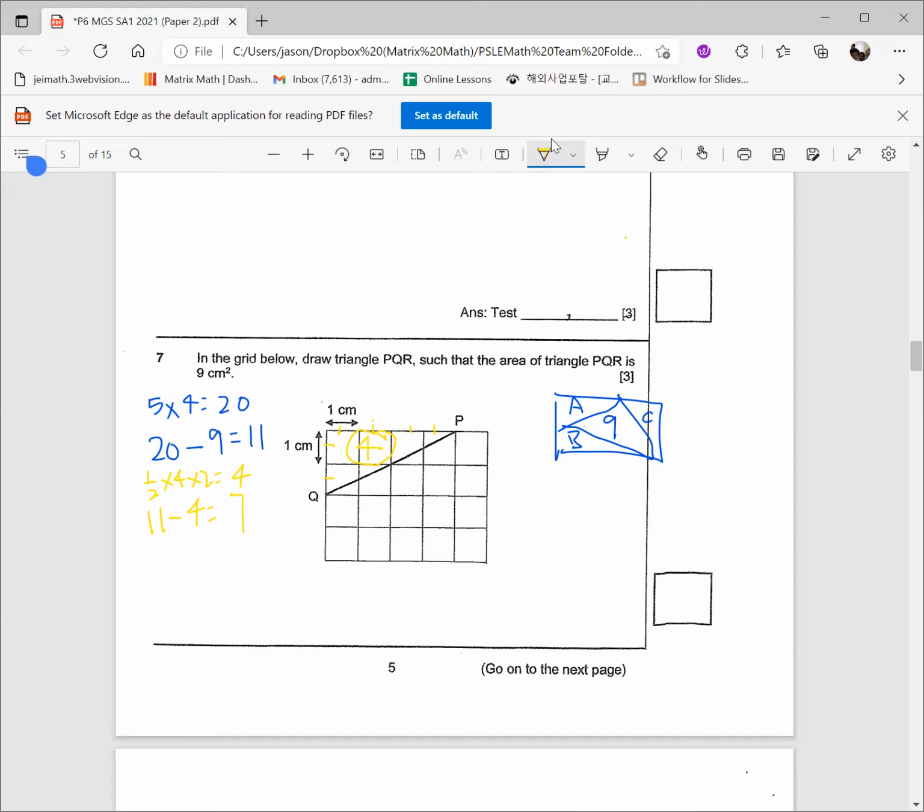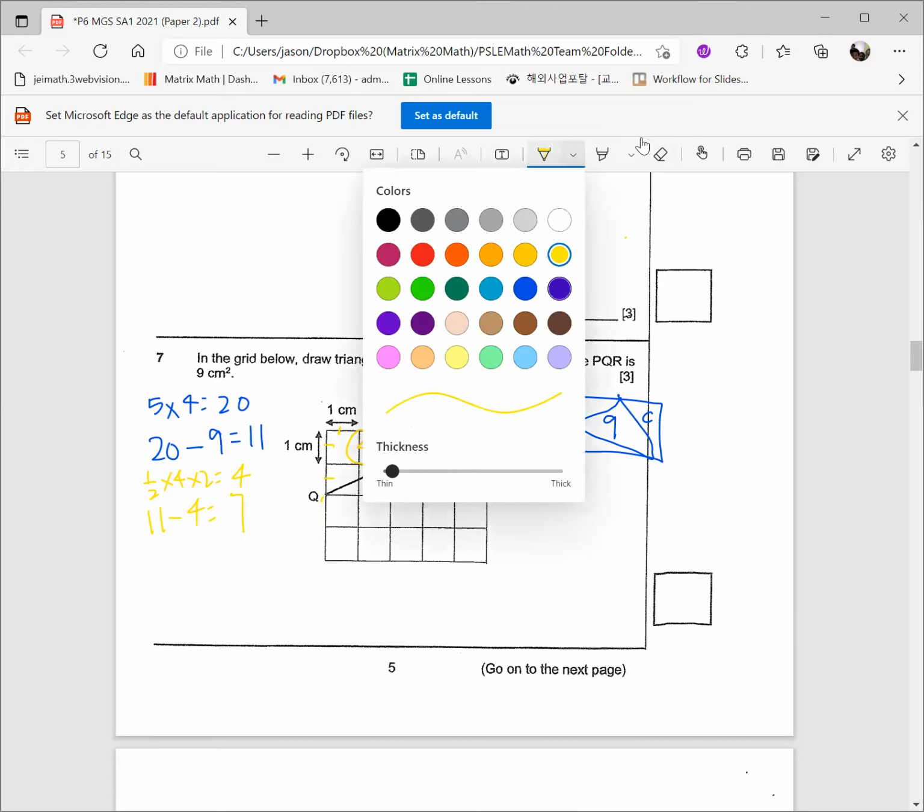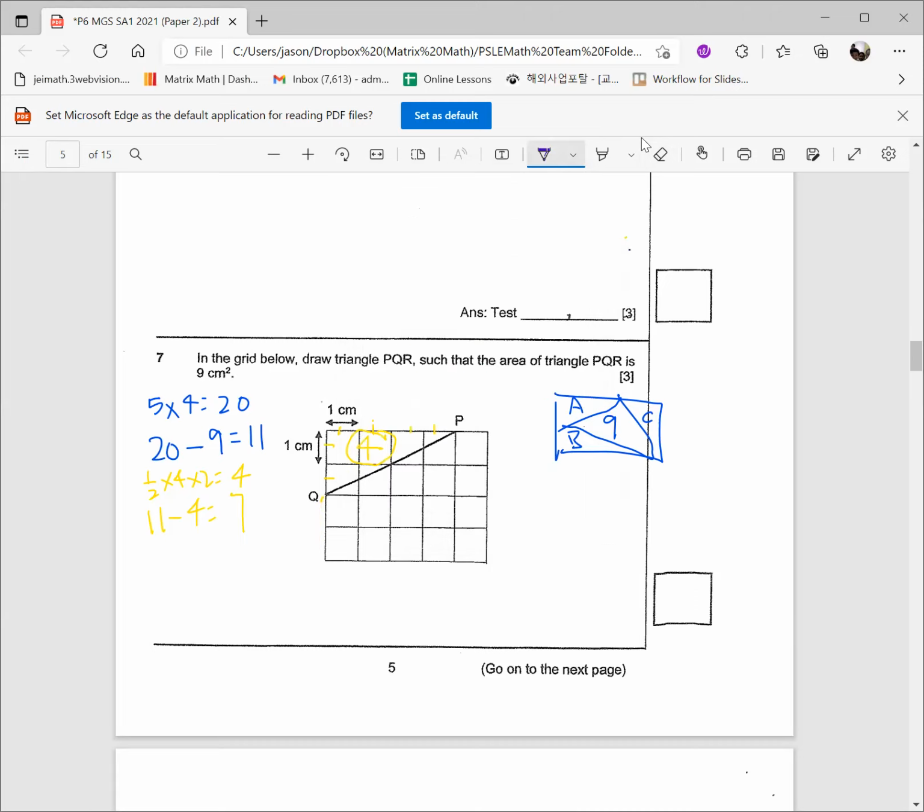First of all, you know this triangle's base is going to be 1, and this is going to be 2. Let me use another color. I'm trying to show you the thought process of solving this question. How do you guess and check systematically? I know I'm going to draw a triangle. One of the triangle points must be here, P. And the base of the triangle will be 1 here, because there's no other place I can go.